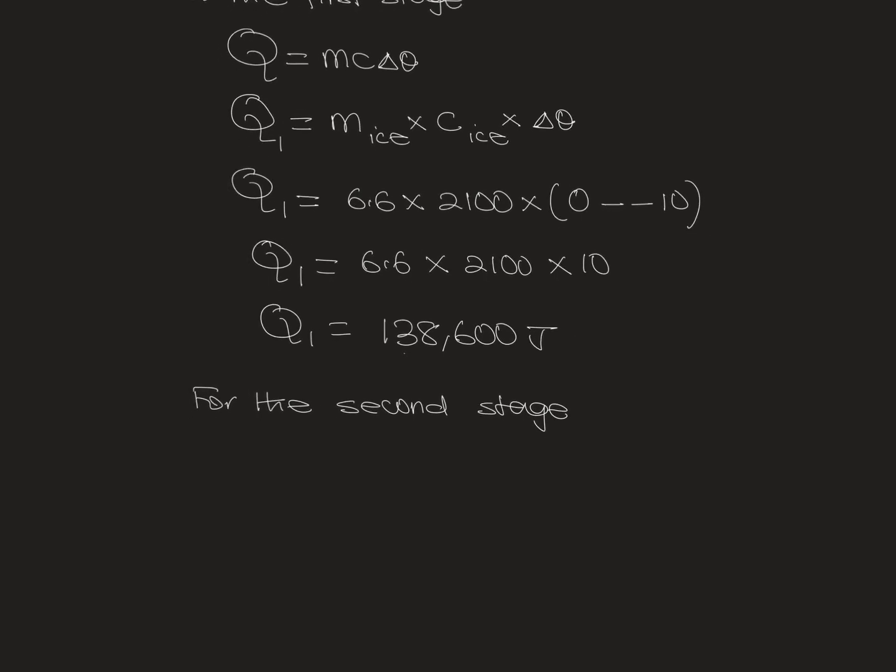So for the second stage, we will use the formula Q is equal to the mass times the latent heat of fusion. So specifically, Q2 is equal to the mass of the ice times the specific latent heat of fusion.